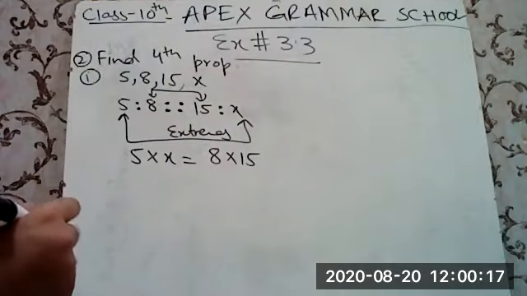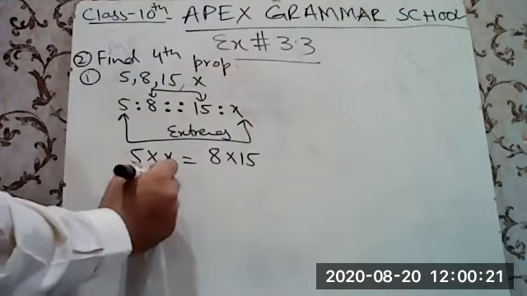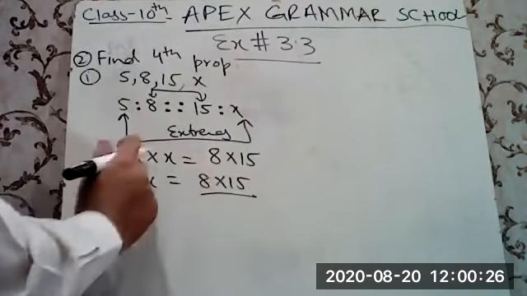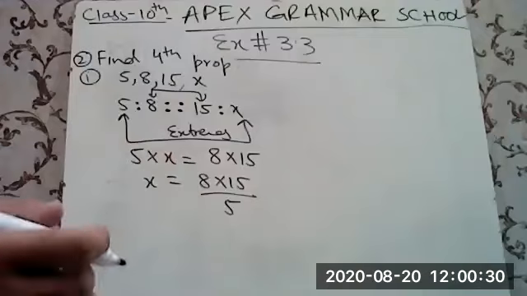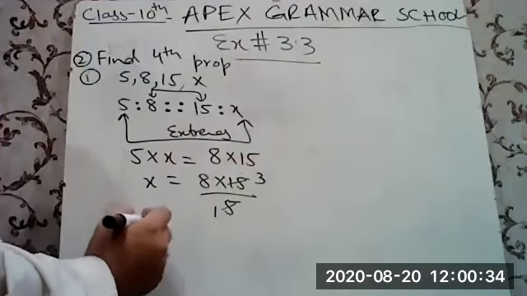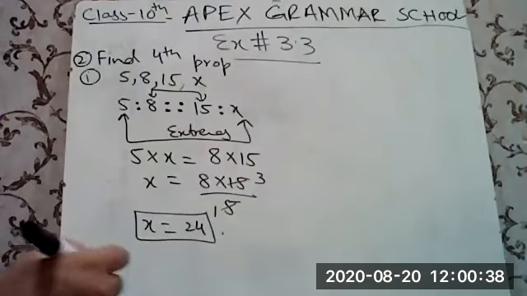Okay, so 5 will divide there, and we say x is equal to 8 multiplied by 15 divided by 5. Now you can easily find the value of x here. 5 ones are 5, 5 threes are 15, 3 eights are 24. And that's it.